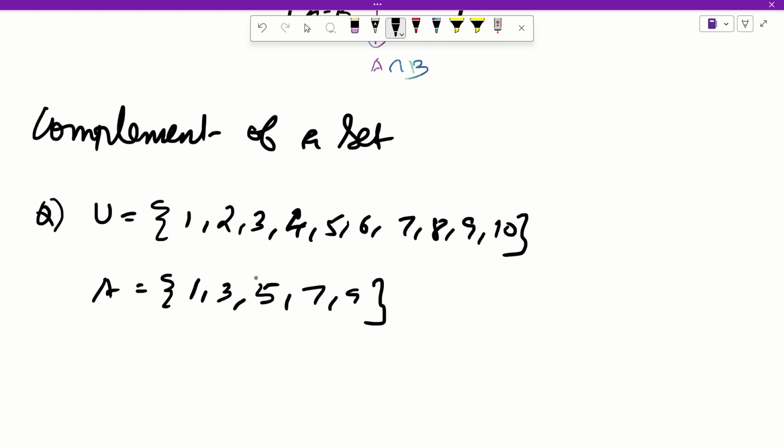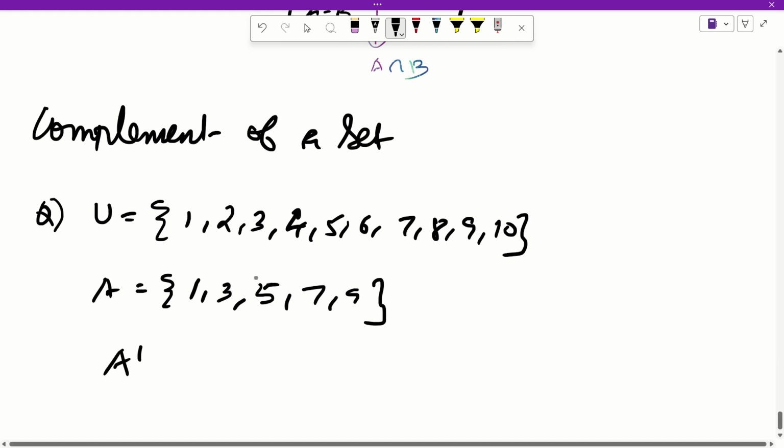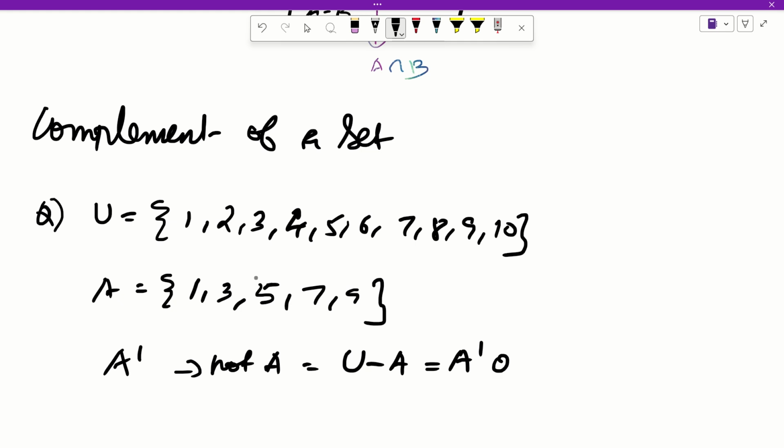We have to find the complement of the set, that is A complement, which means not A. Which means U minus A, which is equal to A dash or A complement, like this. Or we can write A complement like this also.